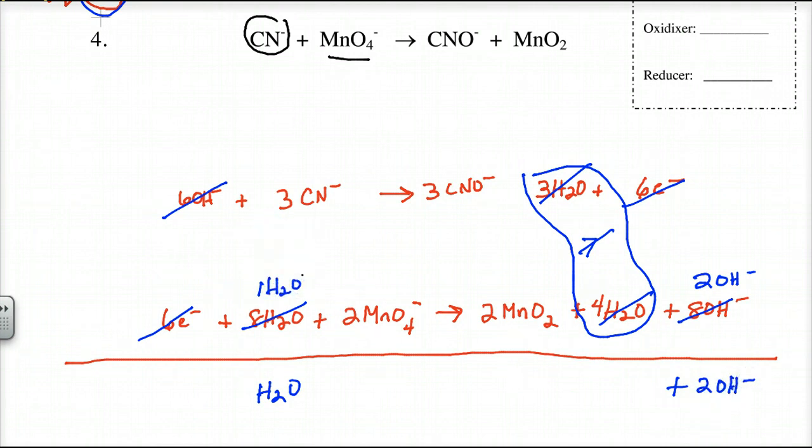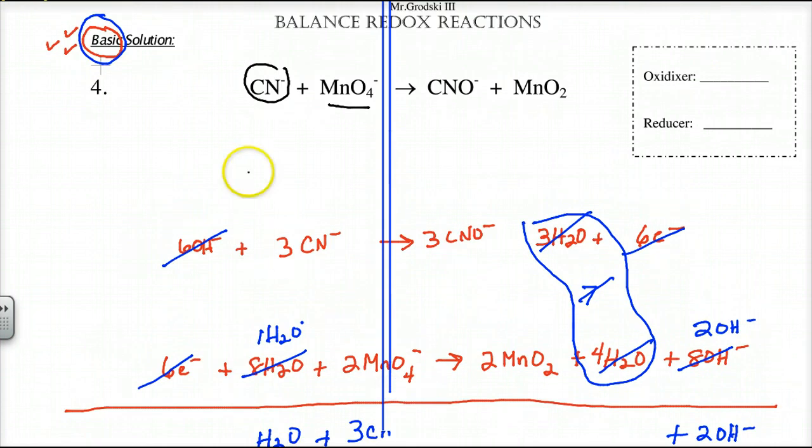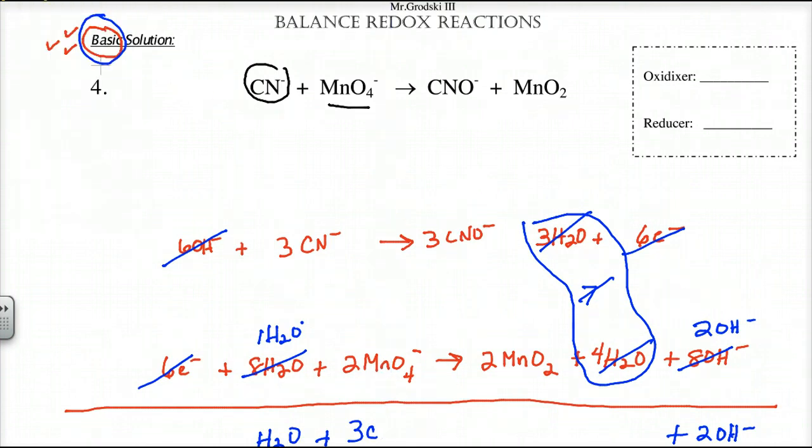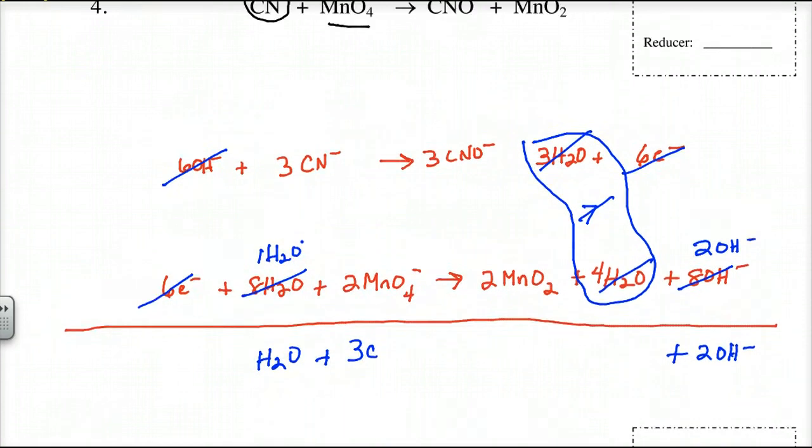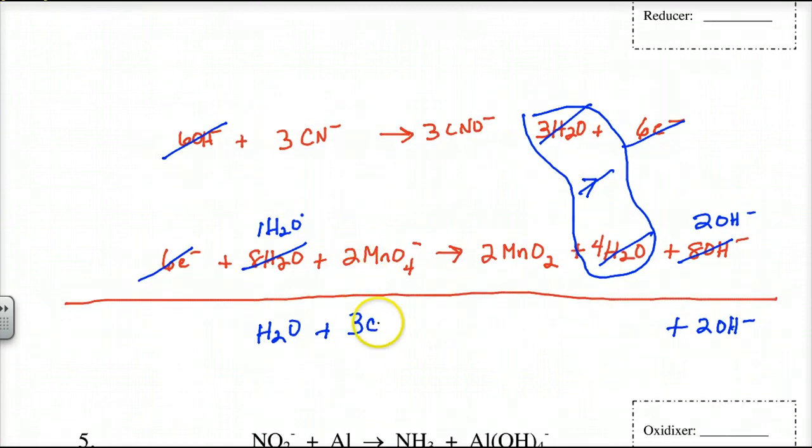Okay, what else can cancel? I think nothing else. So we're partially canceling the extra, so to speak, waters and the hydroxides. And of course we have the 3 cyanide ions. Sorry. So we have the 3 cyanide ions, plus, it's just kind of running out of space here, and then of course we have the 2 permanganate ions, MnO4 negative, plus the water.